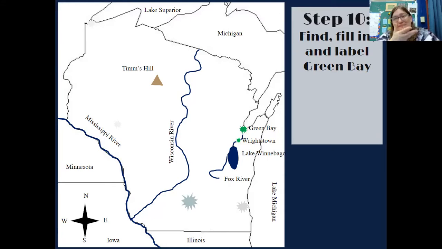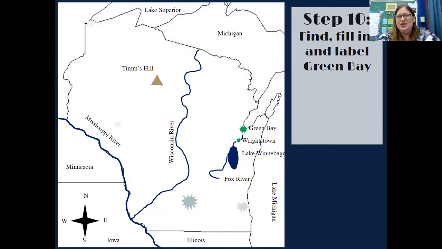Whether you love them or hate them, they belong to us, right? It is the third largest city in the state of Wisconsin, and it was very, very important in the French fur trade in Wisconsin history. So that is why it is important for you to know where Green Bay is. That shouldn't be too difficult for you. You're all pretty smart and you live here.